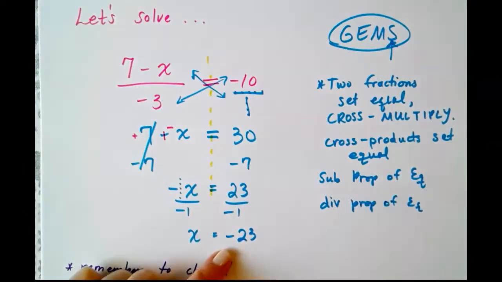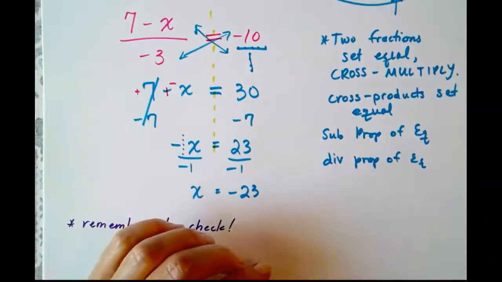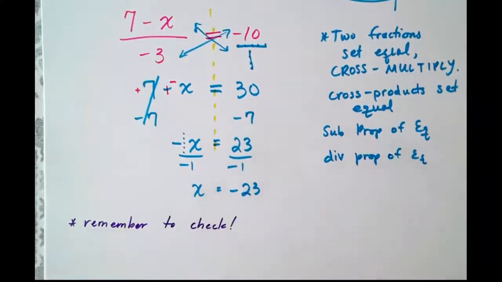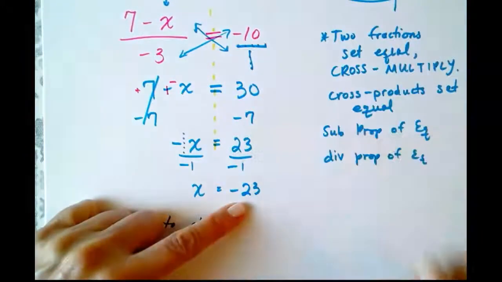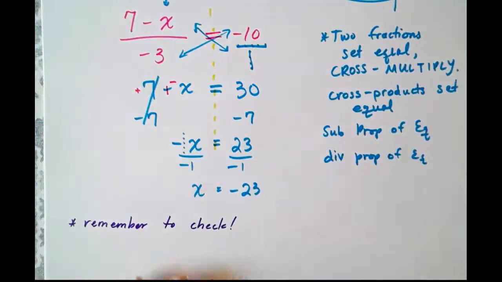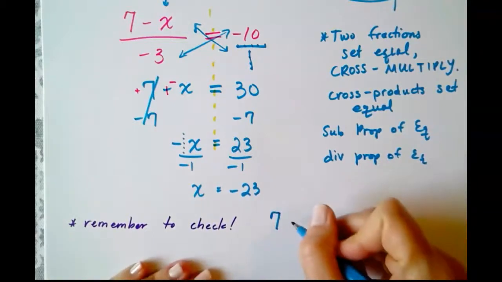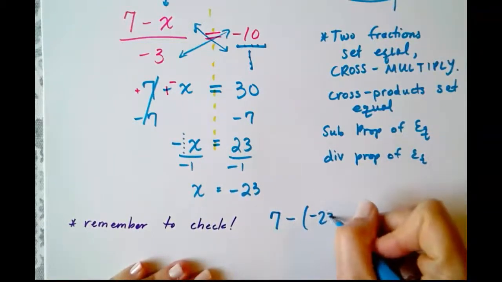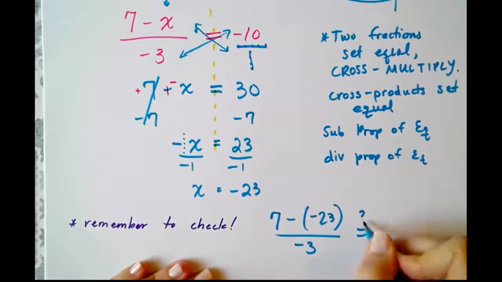So we're assuming that negative 23 will make this equation true. Let's plug it back in and see if our work checks. Plugging negative 23 back into the original equation up at the top, using parentheses, 7 minus negative 23 all over negative 3, does it equal negative 10?